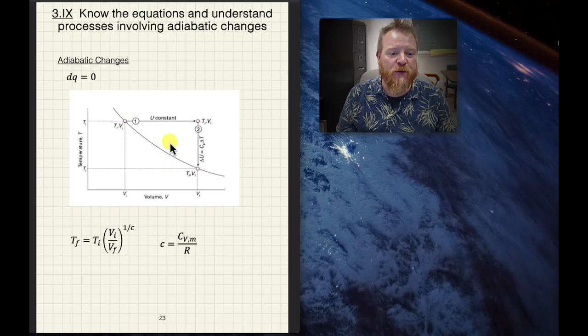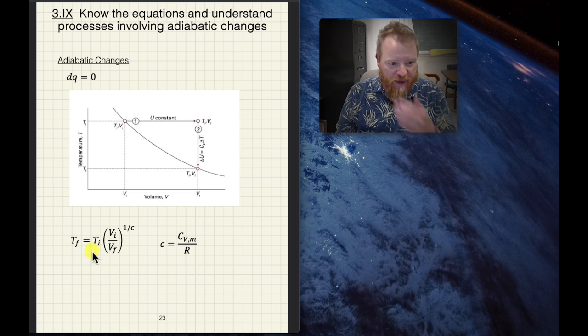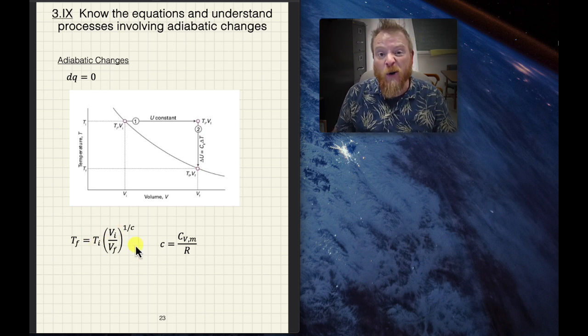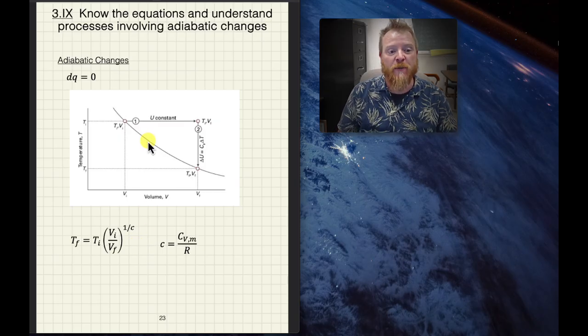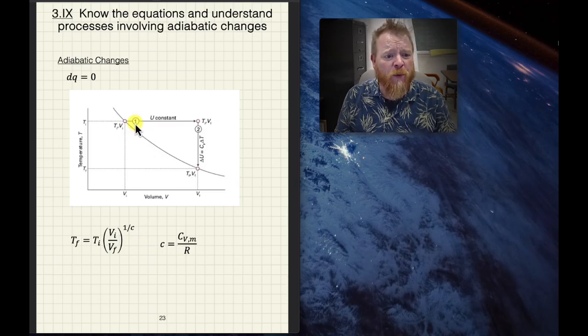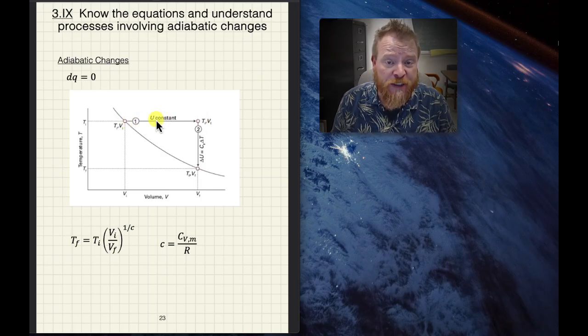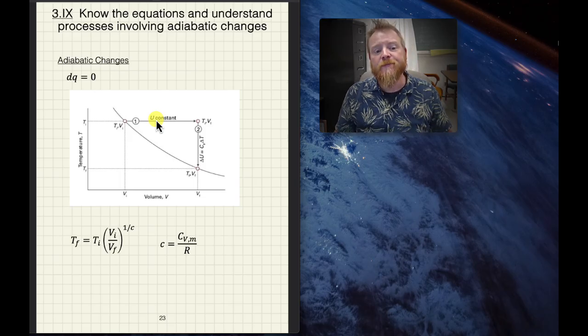So we can kind of view that if we look at this graph of T versus V, and we're going to find that the adiabatic temperature changes are related to this equation right here. We're going to derive that equation from this idea that if we were changing our volume without a change in temperature, our internal energy has to remain constant.